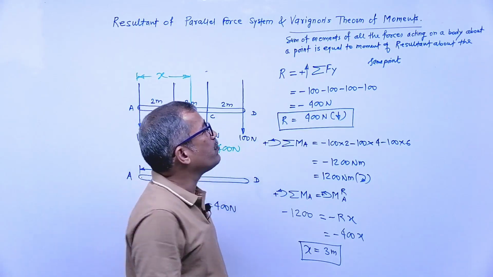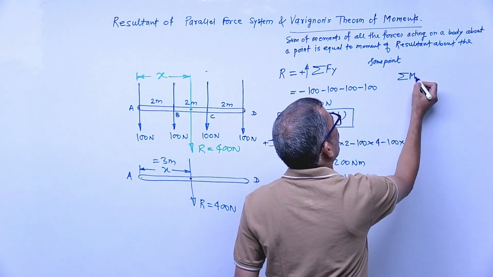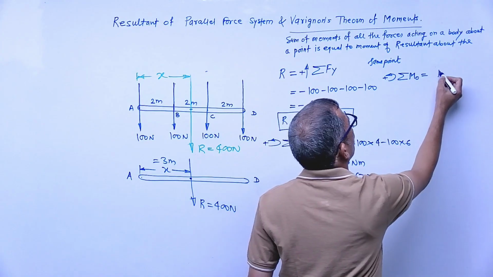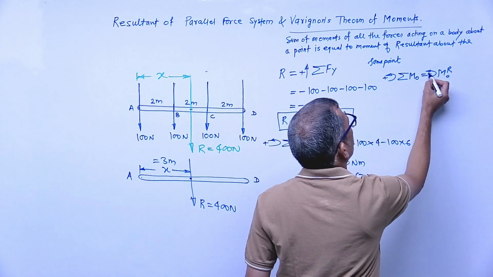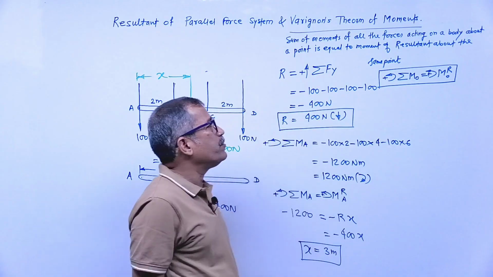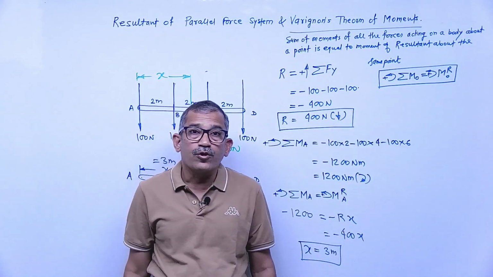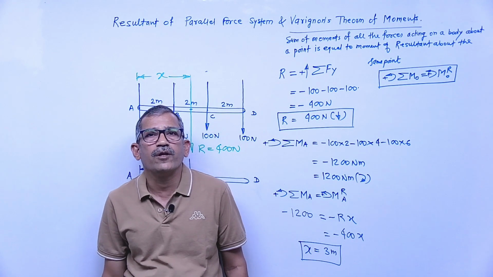In equation form, how will you write? The summation of moments of all forces about, say, any point O equals the moment of resultant about the same point O, with the same sign convention. This is your Varignon's theorem in equation form. In exams, most often they ask: what is the use of Varignon's theorem of moments?